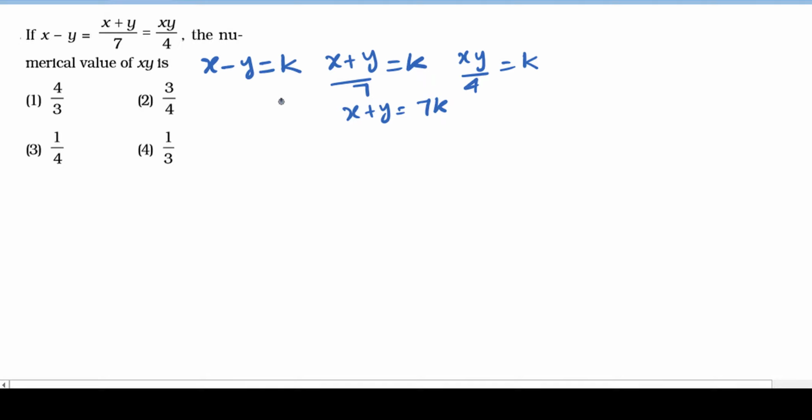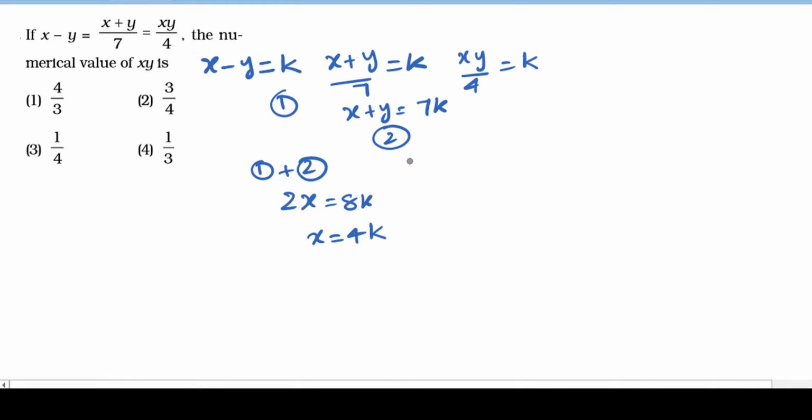So we can solve equation 1 and equation 2, right? So when we add both the equations 1 plus 2, what do we have? 2x, y gets cancelled, equal to 8k. So we get x as 4k. Now how do we find the value of y?